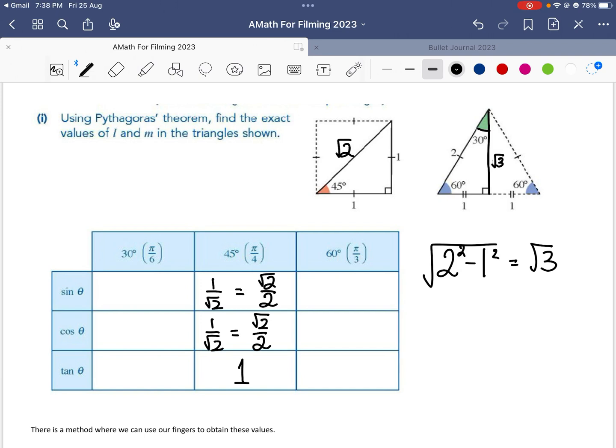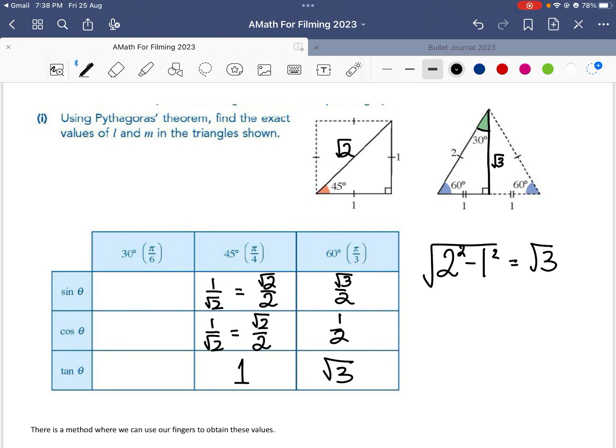For example, sine of 60 degrees is opposite over hypotenuse, square root 3 over 2. Similarly, cosine of 60 degrees is adjacent over hypotenuse, which is half. Tangent of 60 degrees, tangent is opposite over adjacent, hence the value that I'll get here is square root of 3.